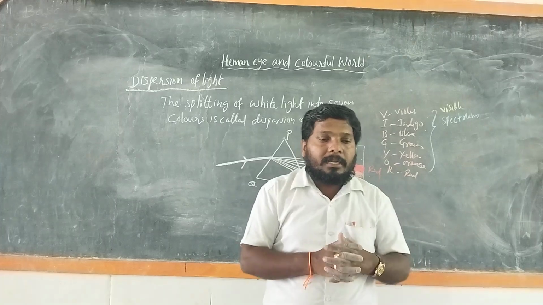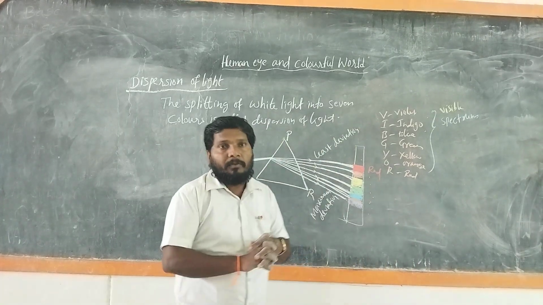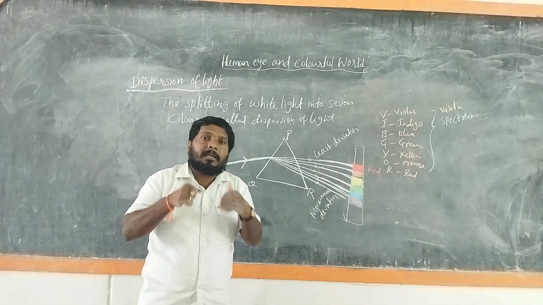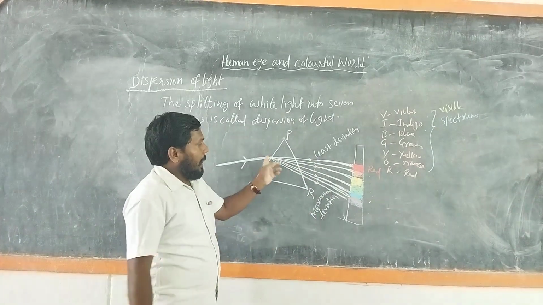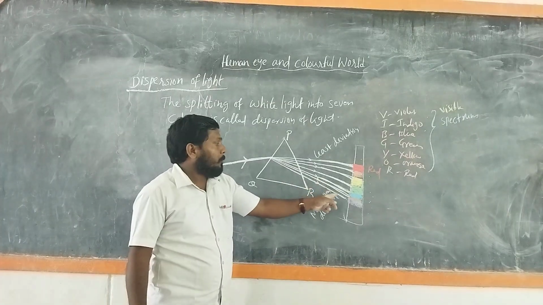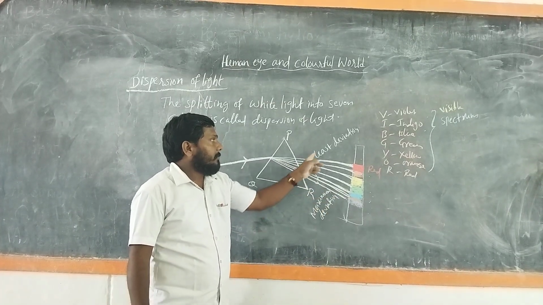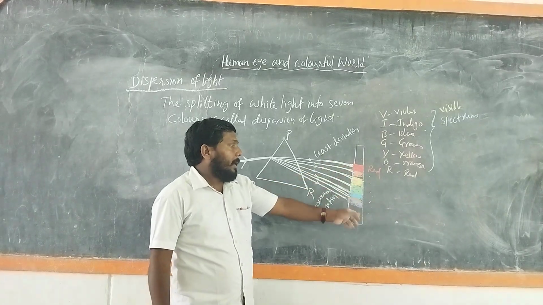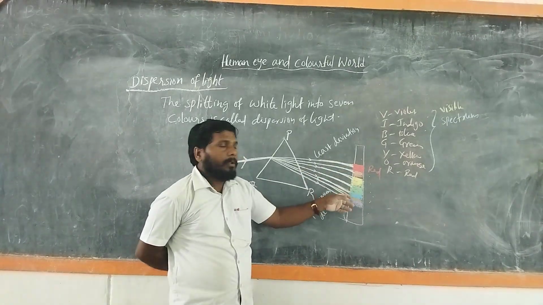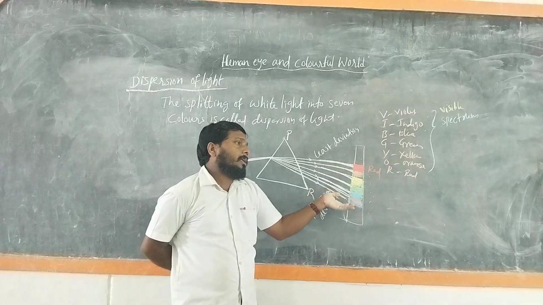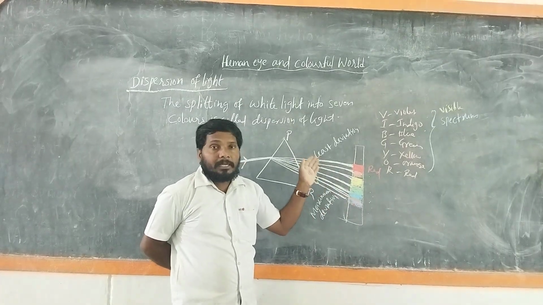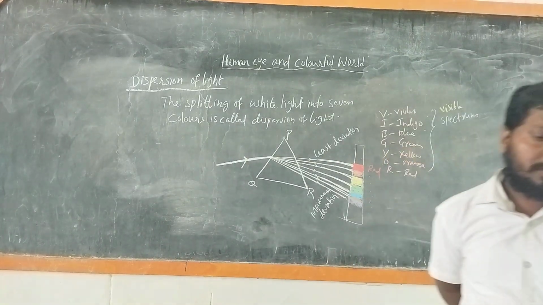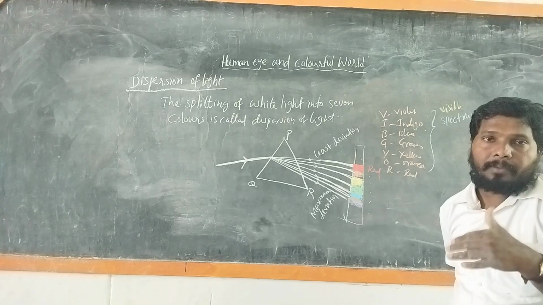The violet color deviates the maximum and the red color deviates the minimum. Observe the picture: the deviation is more for violet and less for red. So the 7 color band is formed because each color is deviated at a different angle, and violet appears at the bottom of the spectrum.